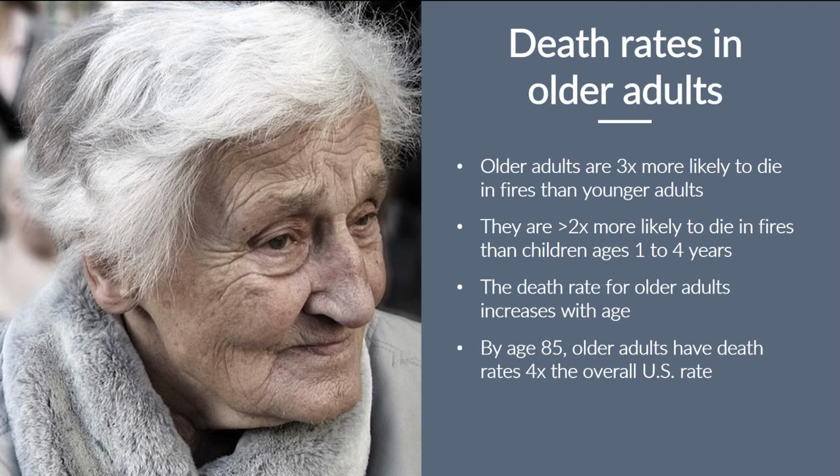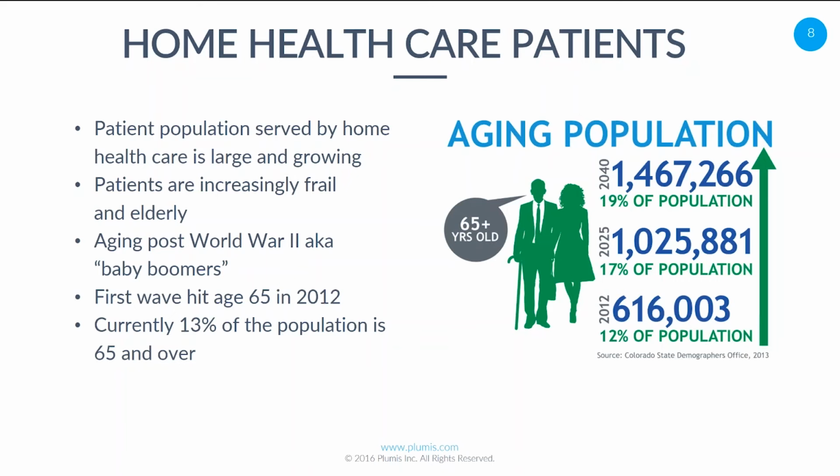Part of that adult population are those that are receiving home health care. Now these may be folks, and we could keep this as simple as individuals that just have someone come by and check on them, maybe the Meals on Wheels folks, on up to people that are in hospice care towards the end of their life.